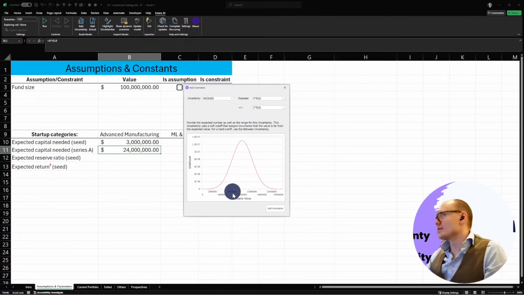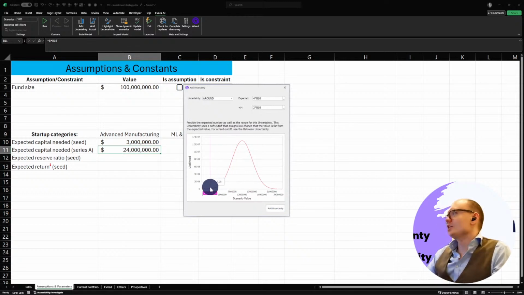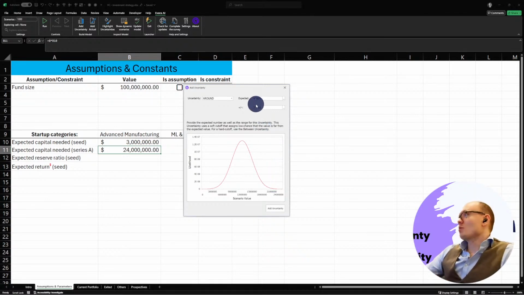So now you can see here that we expect the amount of investment needed for the second round to be most likely somewhere between 2 times whatever was needed in the first round, all the way up to about 8 times.